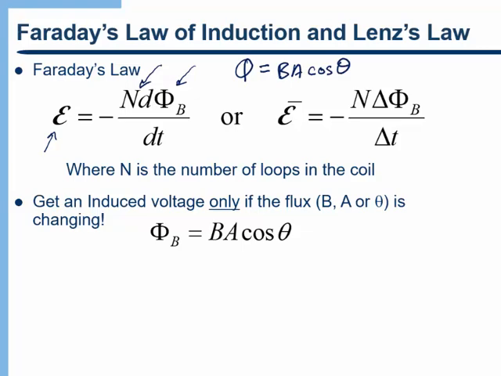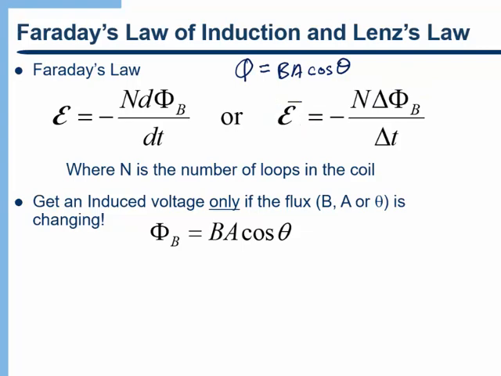Okay? So notice that the only time we get an induced voltage is if the magnetic field is changing, the area is changing, or the angle between them is changing. One of those things has to be changing, otherwise we don't get an induced voltage. By the way, often we're going to just talk about the average induced voltage, and in that case, we're going to use deltas instead of derivatives.